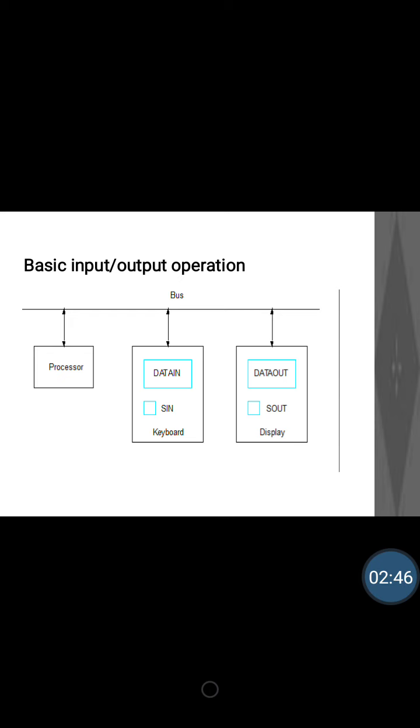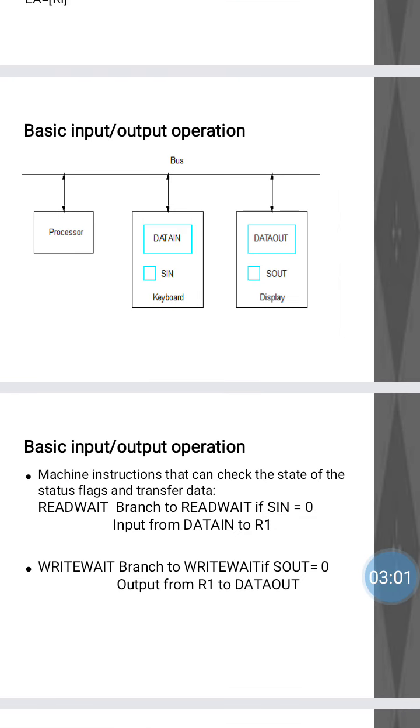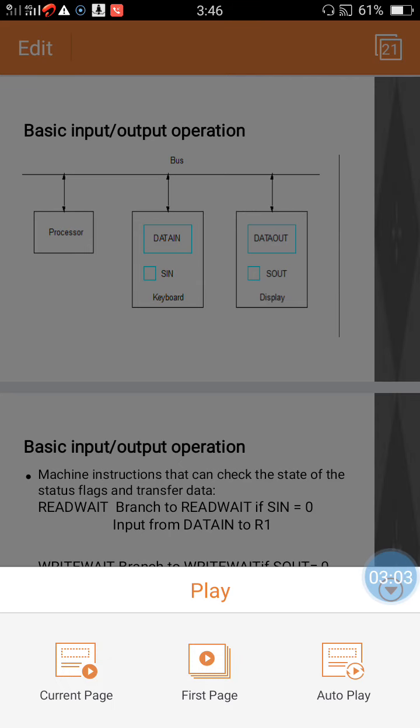But this is also very much slower compared with the speed of the processor, because a processor can execute millions of instructions per second. So the processor executes millions of instructions, the keyboard works at only a few characters per second, and the display unit can process thousands of characters per second.